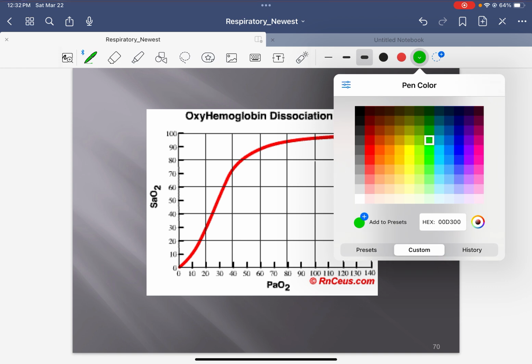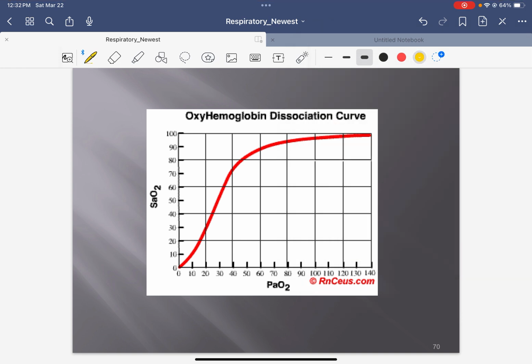So let's talk about 2 times when this curve may change. The 2 times when it may change would be an increase in core temperature and or a drop in blood pH.